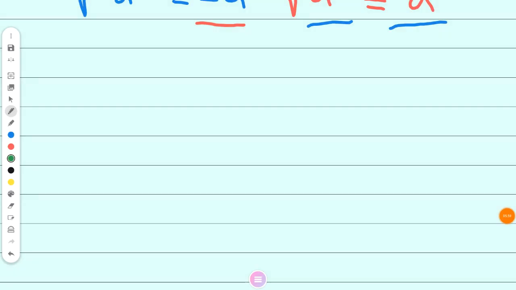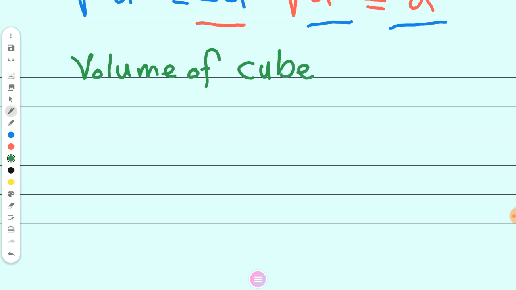Actually, before we start the examples, I need to mention some rules for you. The volume of a cube equals what? We can denote the volume with the letter V. Volume of a cube equals side times side times side.